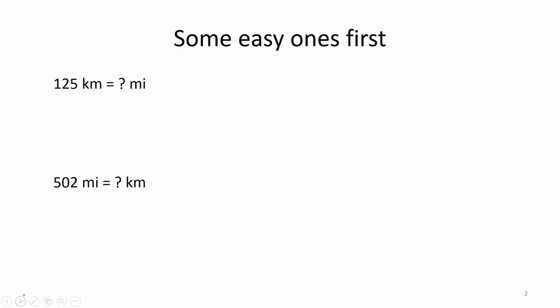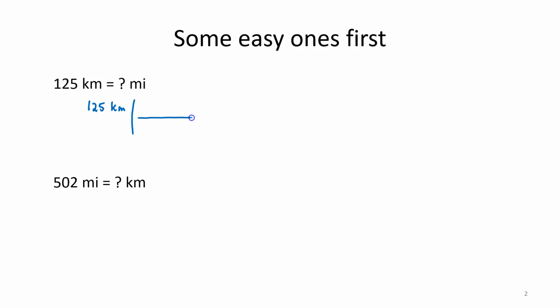So they want to know, if I have 125 kilometers, how many miles is that? Before we look up the conversion factor that we need, let's think about how we would set this up. We have 125 kilometers.